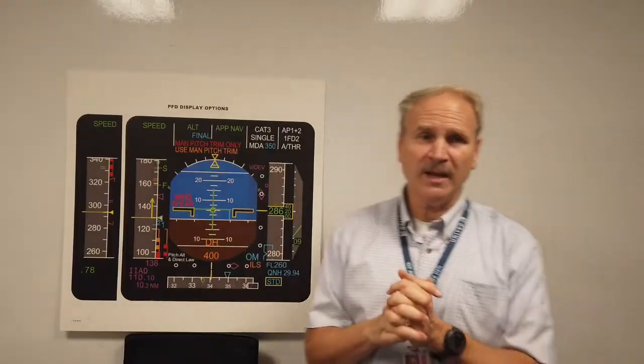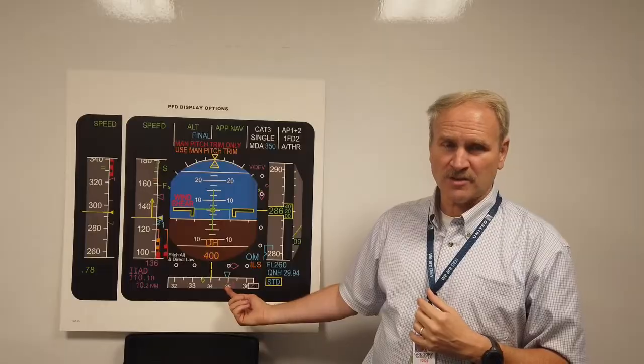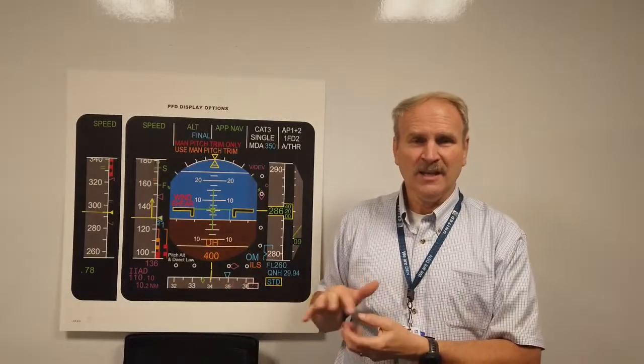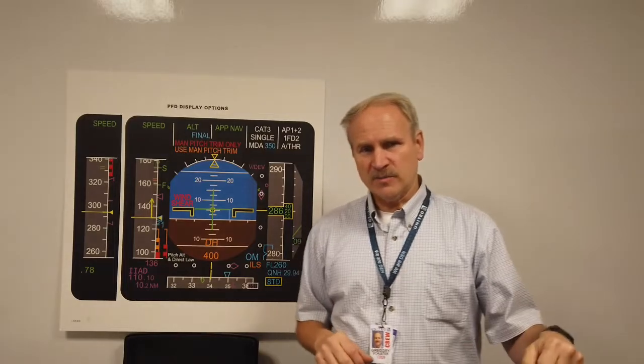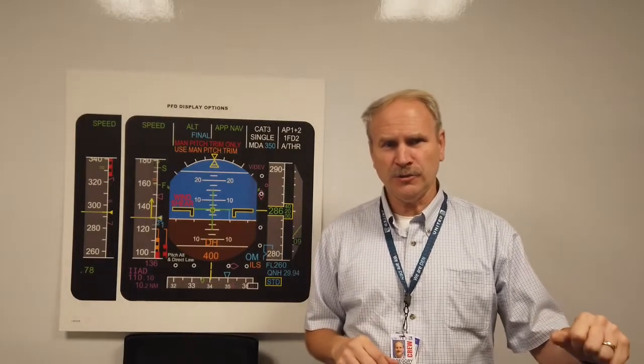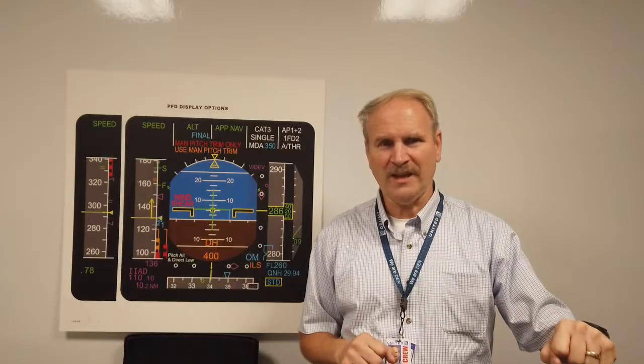But I would recommend in a variety of ways, just as in the same sense this magenta sword becomes kind of home base for maintaining your localizer, as you're working this problem, try to fine tune as you shoot the approach what is the proper home base.